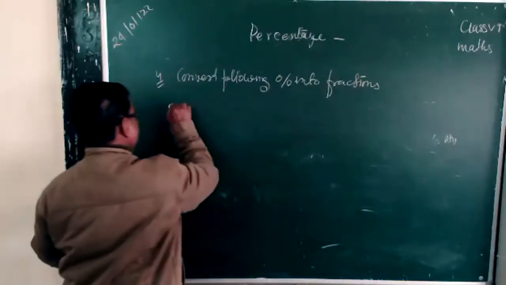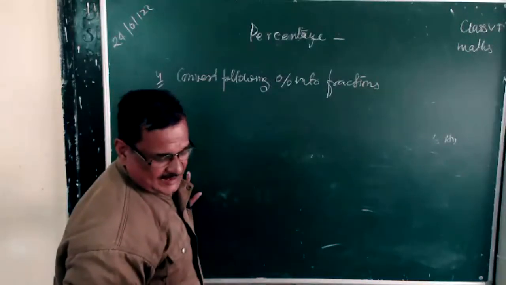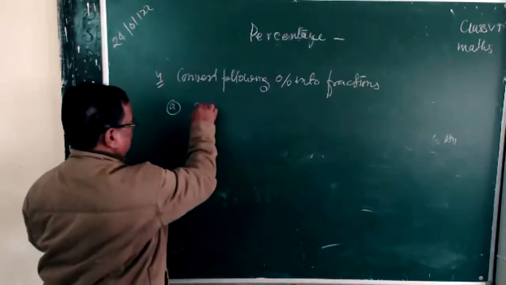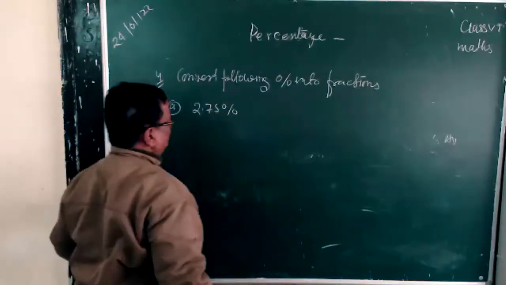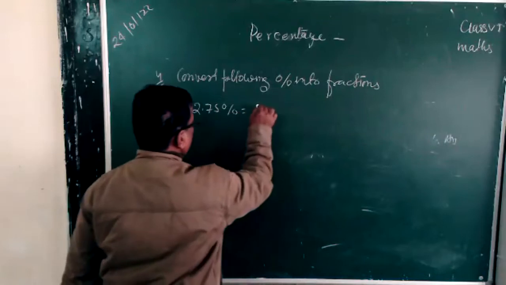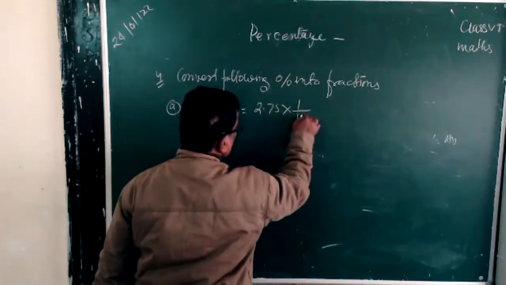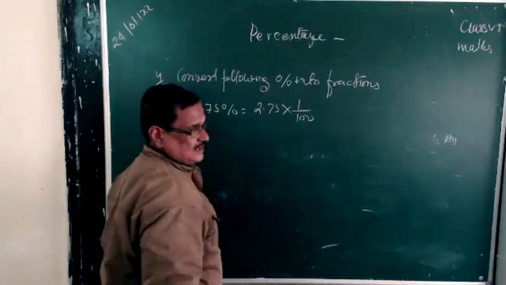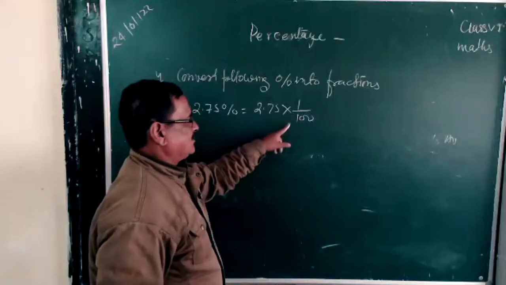See here, first given 2.75%. 2.75% convert into fraction: that is 2.75 into 1 by 100. The percentage symbol is removed, leaving 1 by 100.